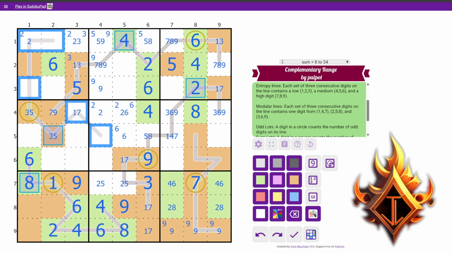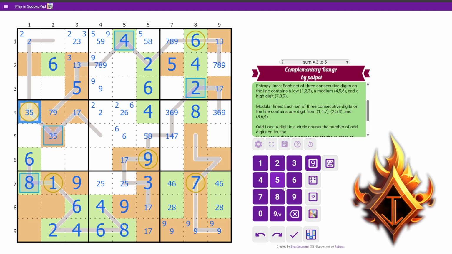That would be 1. Oh, this can't be. 1, 7 is odd. We have 4 odds on here. So 3 cannot go in the circle. So there are 5. There is 1 more odd.